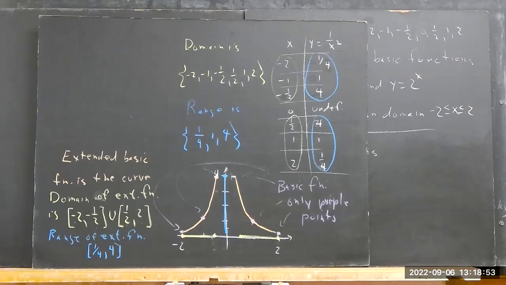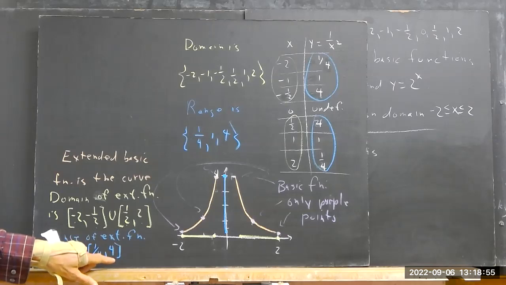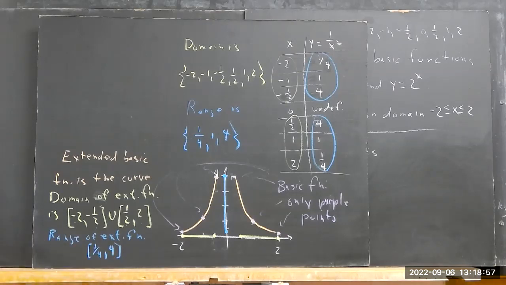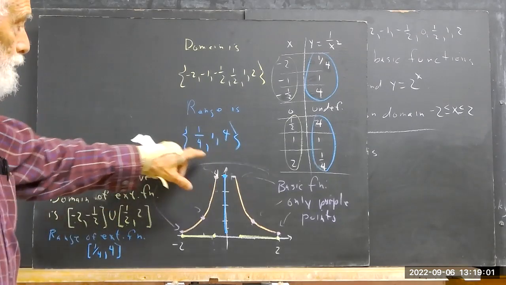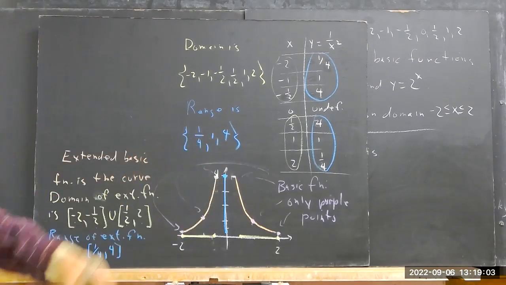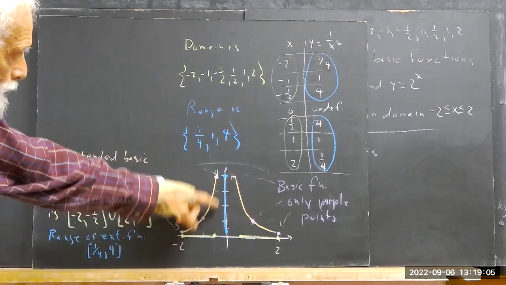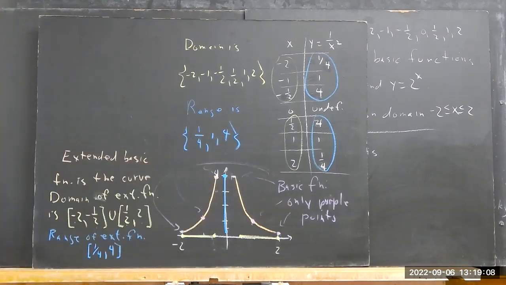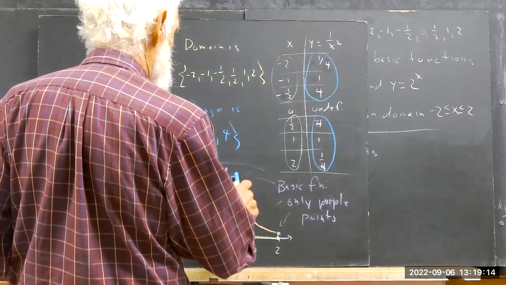Okay. But most people listed this interval. And I'm not sure exactly how you were thinking about this. Maybe you looked at this and said, okay, we'll go from here to here. That's not bad. Understanding it in terms of the graph is even better. Okay. And we could even go with the range, which would go a little further.